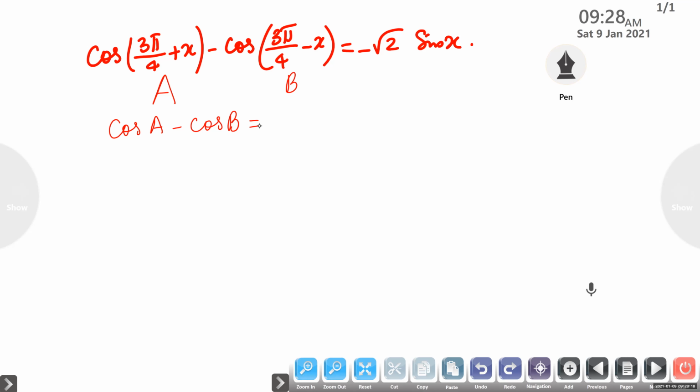Minus 2 sin A plus B by 2 into sin A minus B by 2.